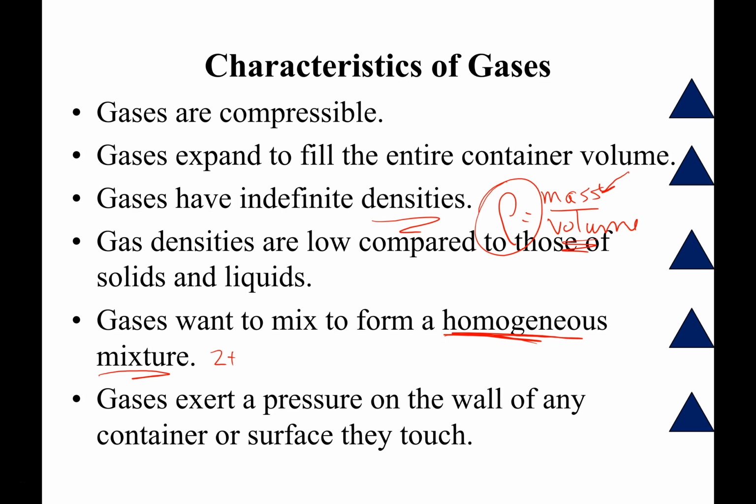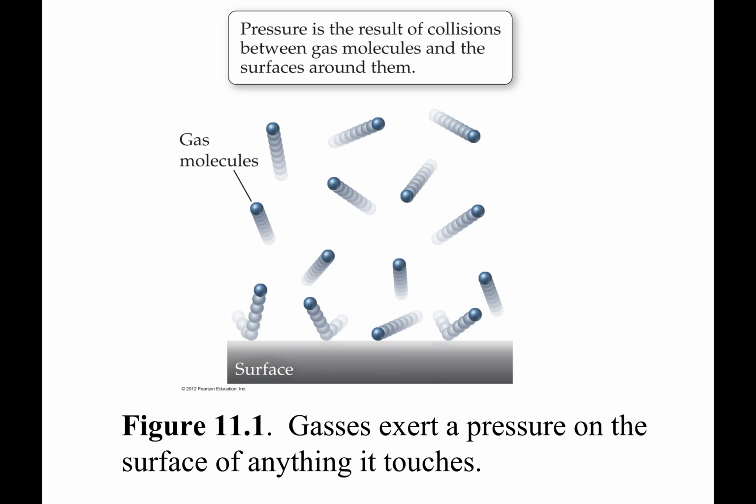And then the last thing I need to talk about, and we will be doing some numbers with the pressure. So the symbol for pressure is P. Gases exert a pressure on the walls of their container. And this is what kind of goes along with this. So the gas particles, on purpose, there's no wall containers to this. Okay, but can you see where those particles are bumping up against everything, including the walls of the container, creating a pressure?